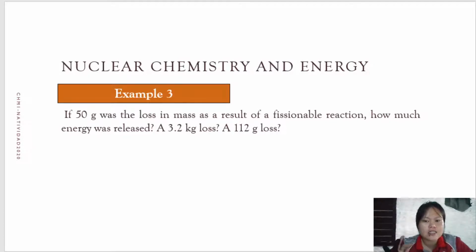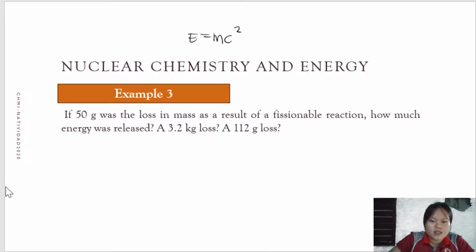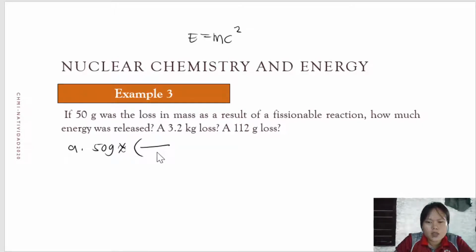Technically, this is very simple, as long as you always remember the formula of energy, which is mc squared. Let's do the first one, using the 50 grams. Since we want joules, which is kilogram meter squared per second squared, let's convert this to kilograms. 1 kilogram is equal to 1,000 grams, so 50 divided by 1,000.